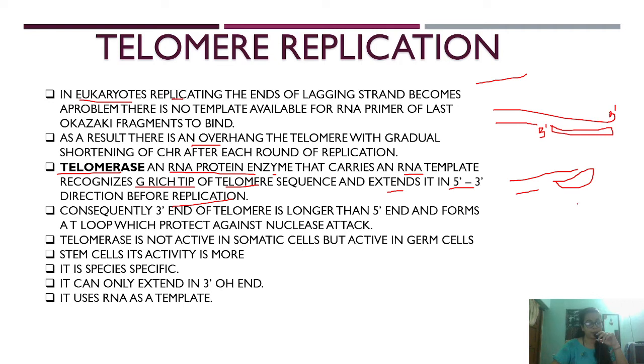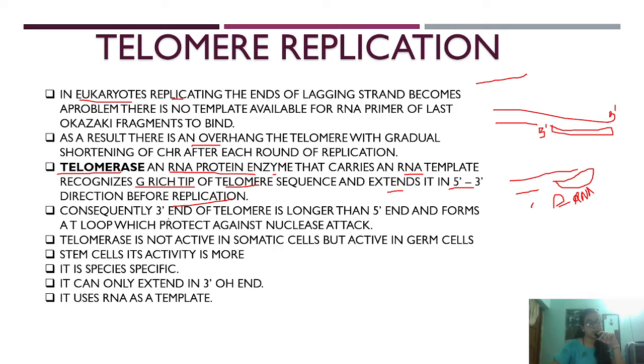It will provide an RNA primer, and as a result a DNA polymerase will bind to it and complete the replication process in the 5' to 3' direction. From here to here, the process will be completed. We will see in the diagram how it goes on.